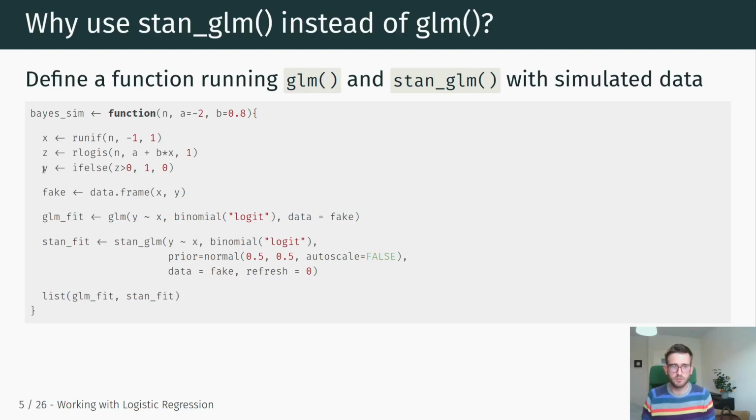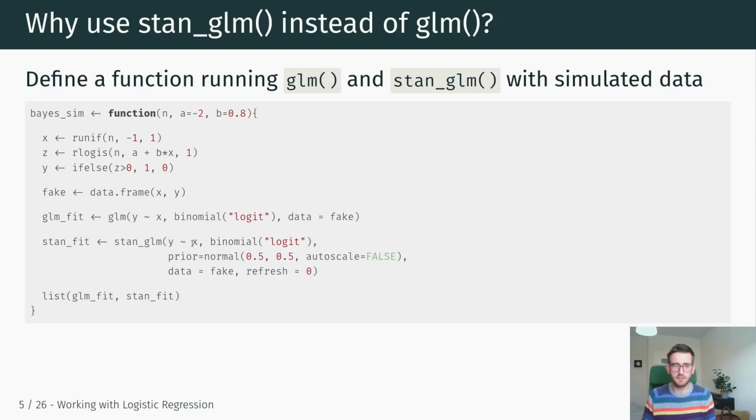So ultimately the only variable that we have as an outcome measure is y, and z is basically unobserved. So our fake data, as I mentioned, just consists of two variables, our outcome y and our predictor x.